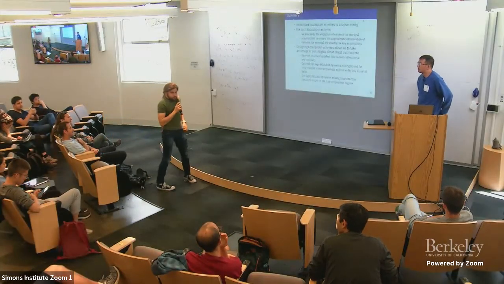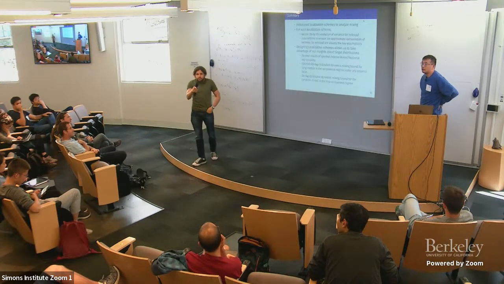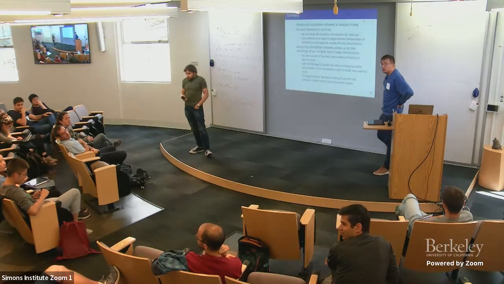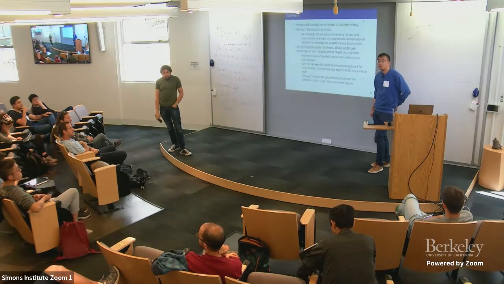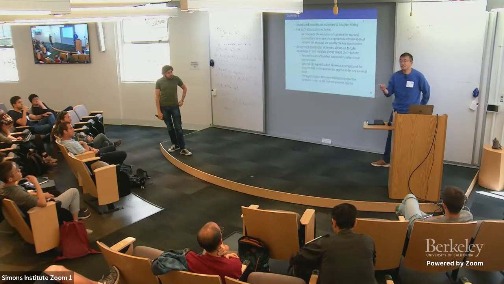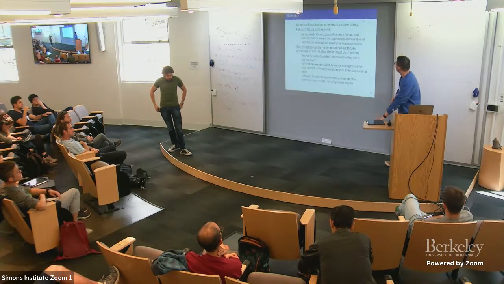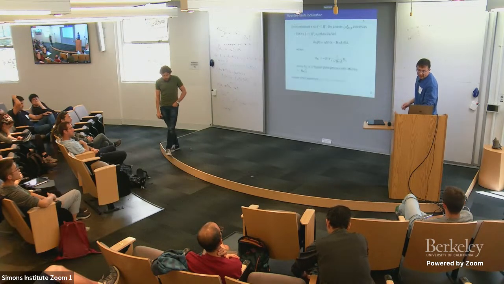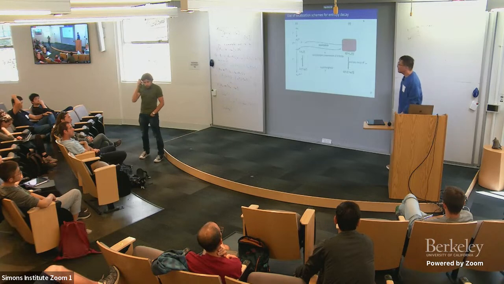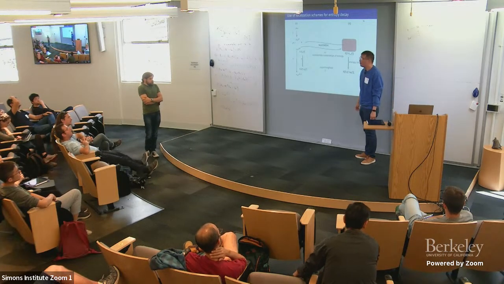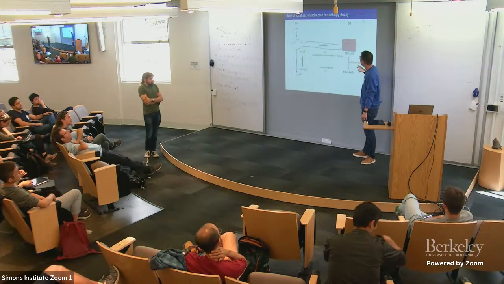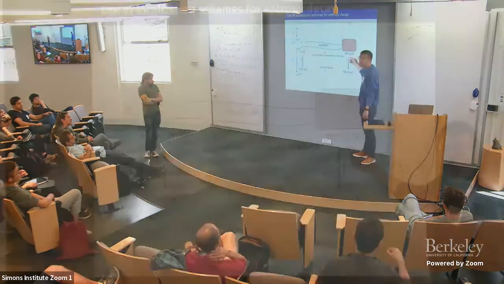Any questions? Does this generalize to other sampling algorithms than Glauber dynamics? Yes, that's a good point. If you look at that diagram, the diagram doesn't specify which sampling algorithm you use, but you actually need the sampling algorithm to work well for the transformed measure.